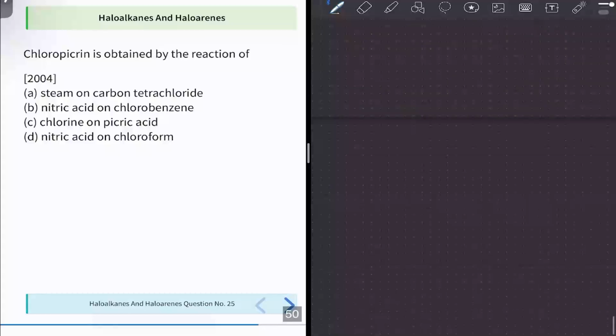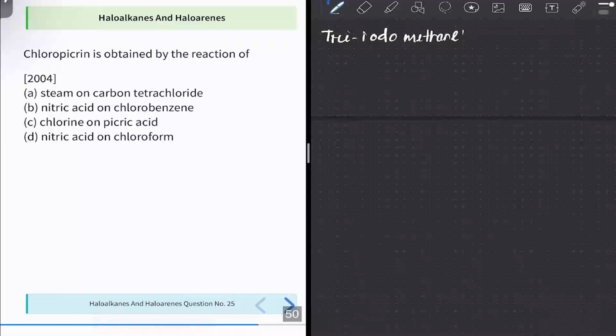Okay, the next compound will be triiodomethane. In this compound, there is only one MCQ. The MCQ is: it is used as an antiseptic. Not now, it was used before.